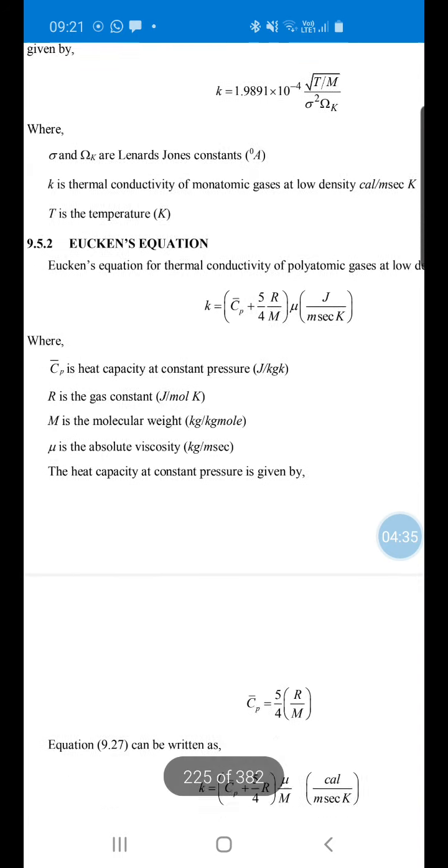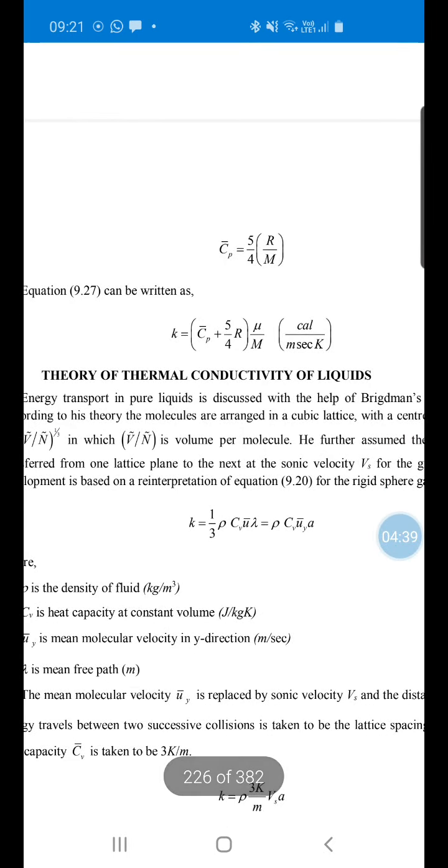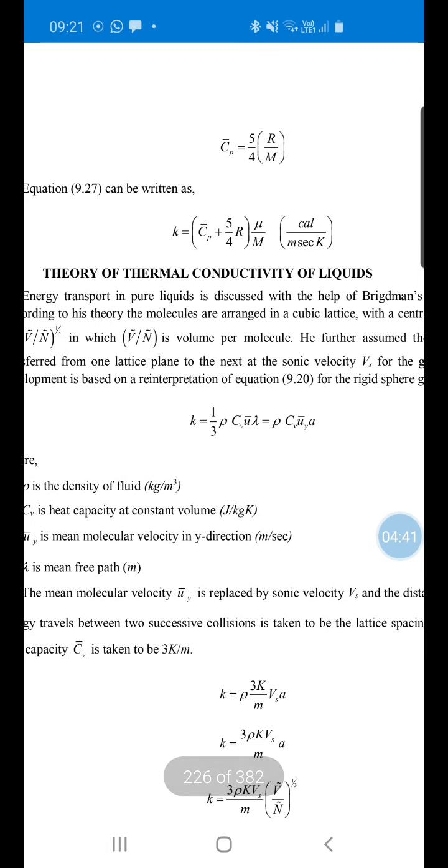The same equation can be written as equation 9.27. k is equal to Cp bar plus 5 by 4 into R, bracket complete, multiplied by mu by M. If you write it like this, then the unit comes as calorie per meter second Kelvin, like the previous one.